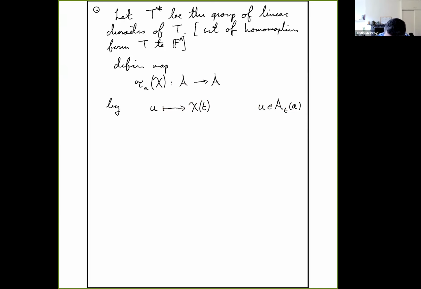So chi is my linear character here, so this is for A in X and chi in T star. Chi is a linear character, I can apply that to some element and get a scalar. And I'm going to use that scalar to times by u. Because A is semi-simple, this defines a map on all of A. So I'm going to define it like this and extend linearly.